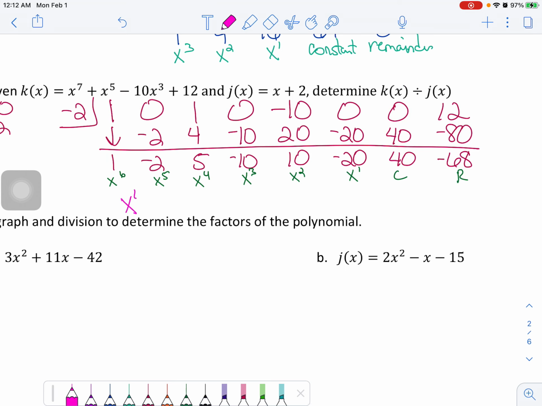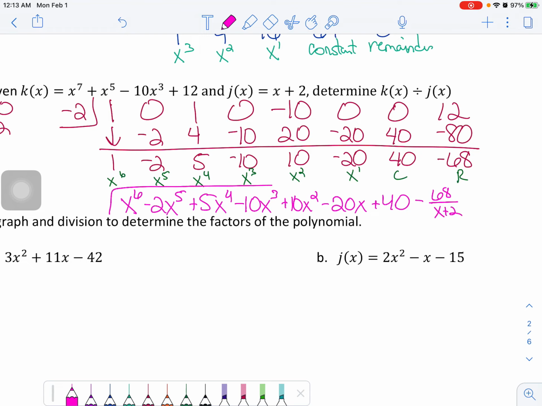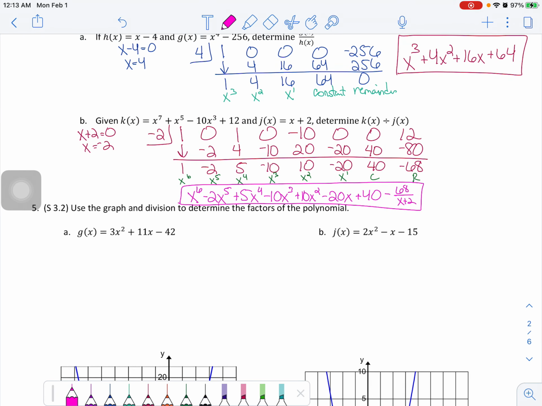All right, so it's going to be x to the 6th minus 2x to the 5th plus 5x to the 4th minus 10x cubed plus 10x squared minus 20x plus 40 minus my remainder divided by x plus 2. All right. That whole mess in the box there in pink is the answer for problem number 4, part B.